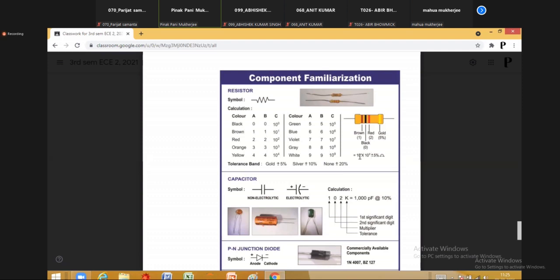So it is actually 1000 ohm. And as the tolerance band is 5%, it is 1000 ohm plus minus 5%. I am giving you 2 minutes, just digest this information and look at the table. Then I will again come back to demonstrate this.